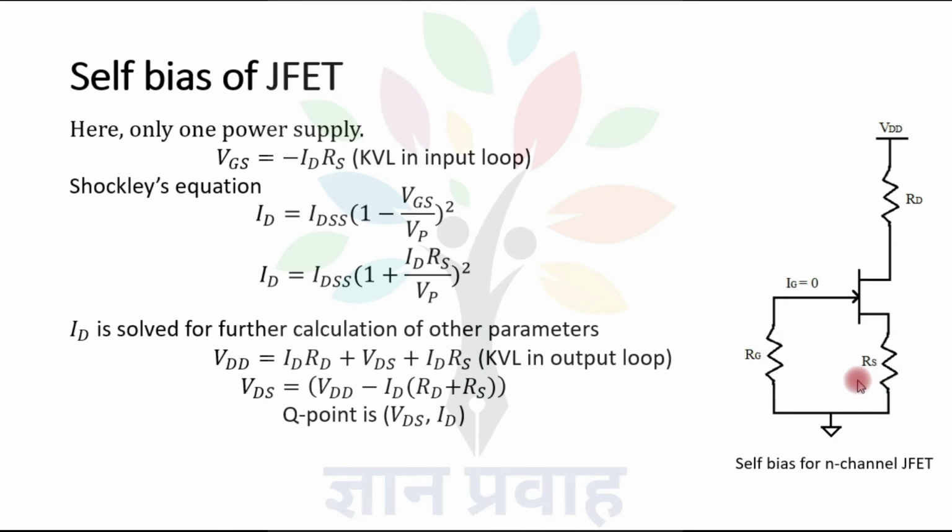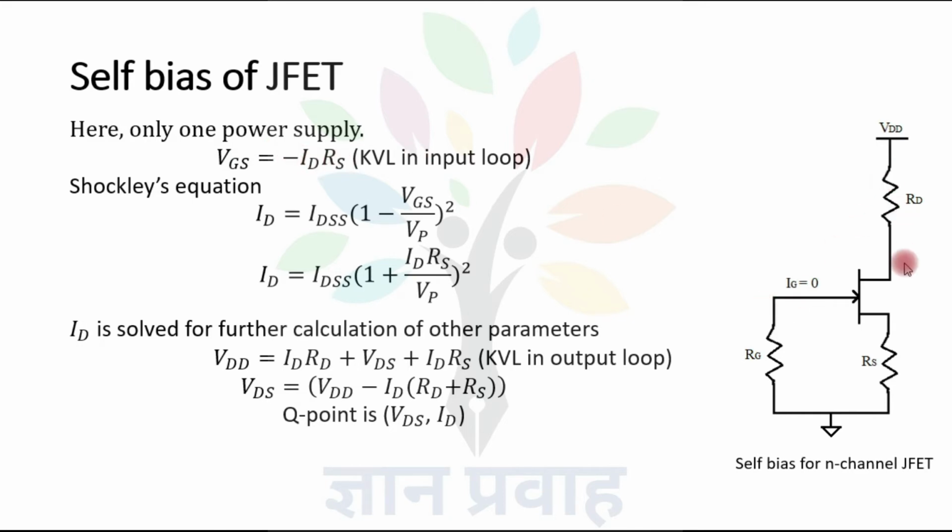So here we are simply using a source resistance value. And ideally IG equal to 0, that's why voltage drop across this resistance value is 0, or this terminal can be short circuited. So by applying KVL equation in input loop, VGS equal to minus ID RS.